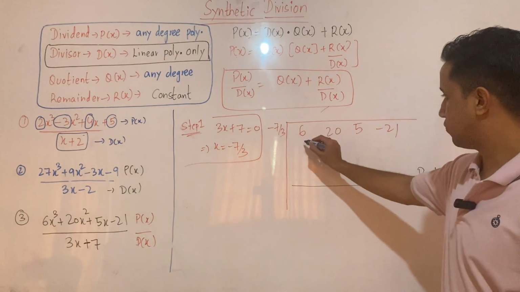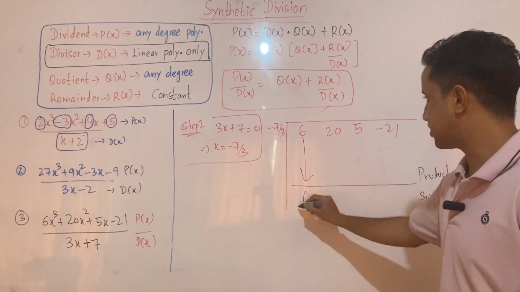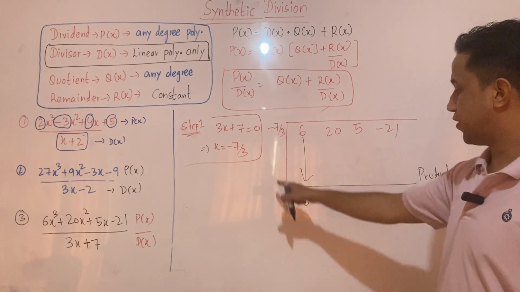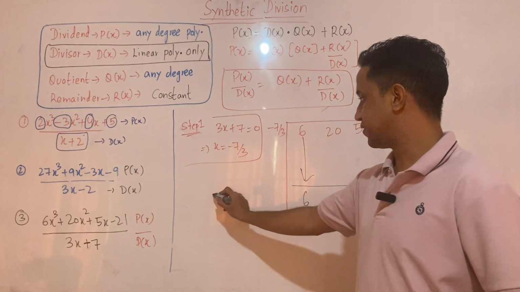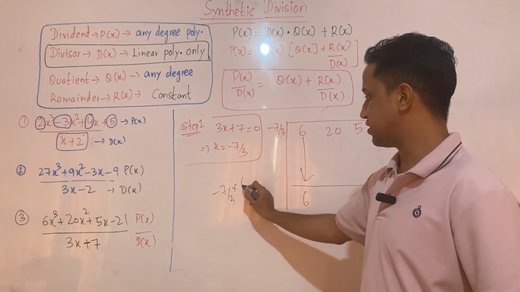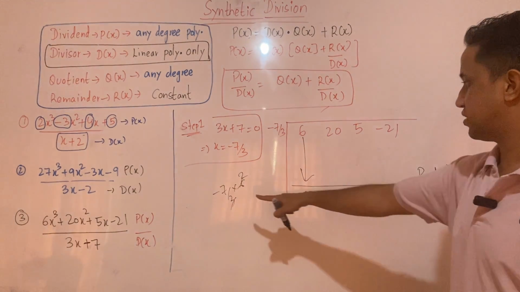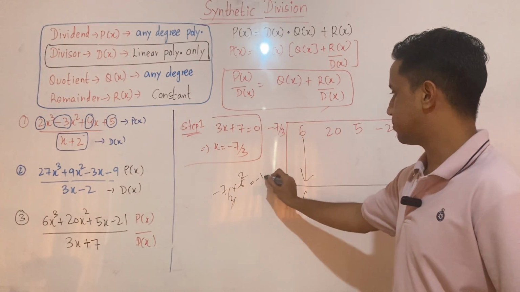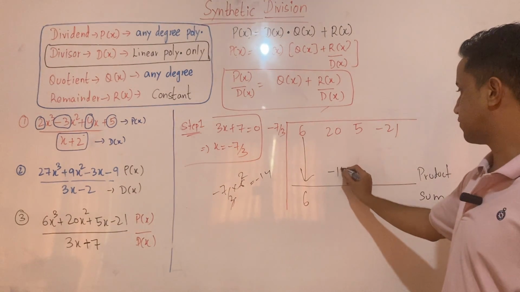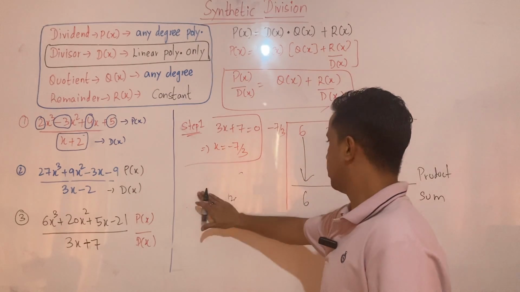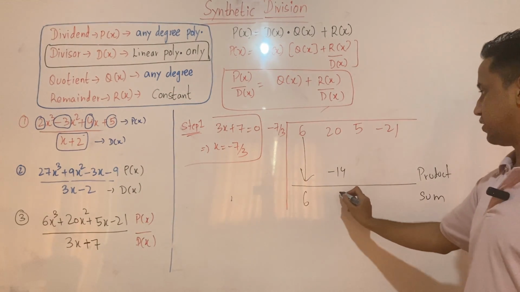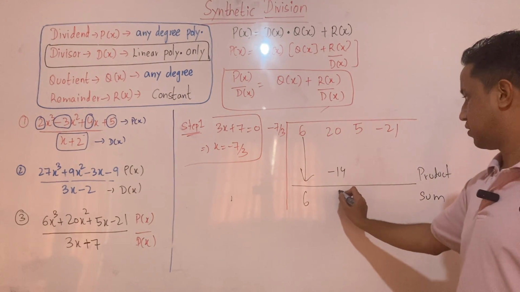Okay, so the first coefficient, bring it down. Negative 7 by 3 multiplied by 6, 3 times 2, so 7 times 2, 14. This is minus 14. Okay, now 20 minus 14, it's 6, right?